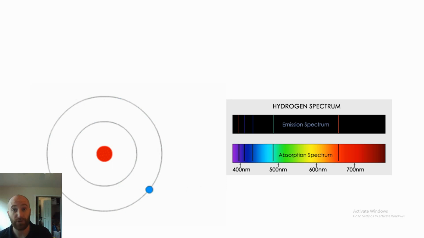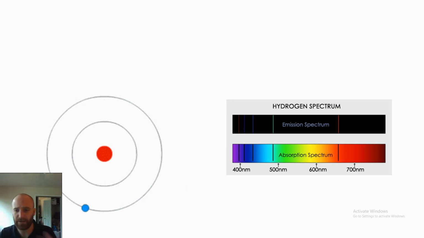So if you take hydrogen, which is what Niels Bohr did a lot of his math and work on, because it's the simplest atom that we can work with, he noticed that if you force it to release light, it only releases certain colors. Here you're looking at a couple shades of bluish violet, and a red over here. And when he does the math, he predicts that it will release just those frequencies, just those energies.